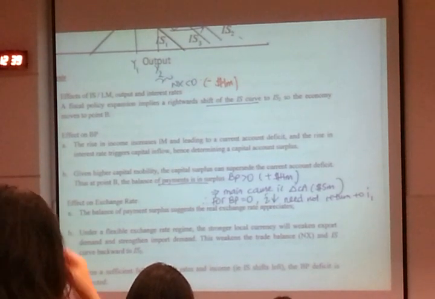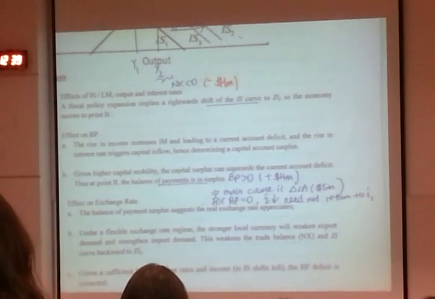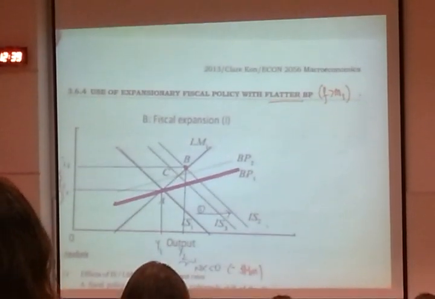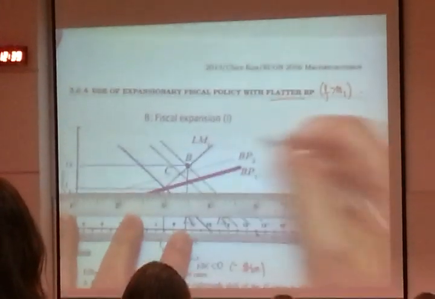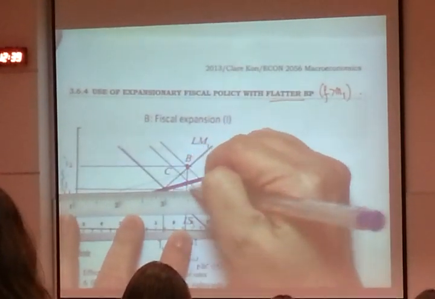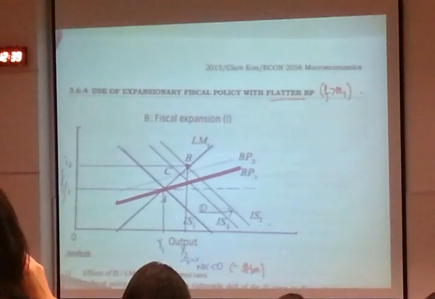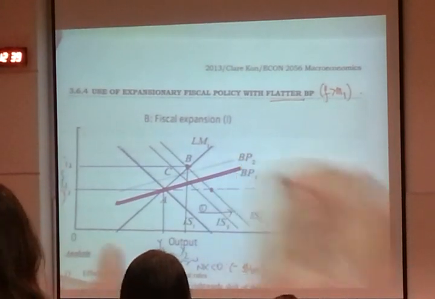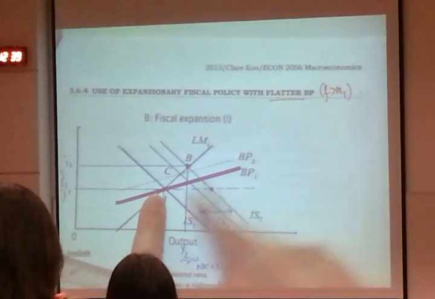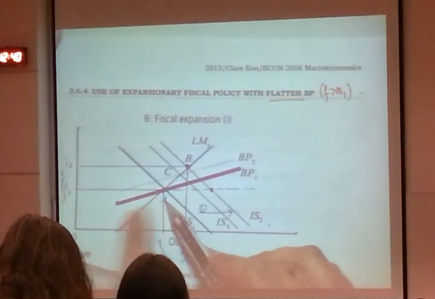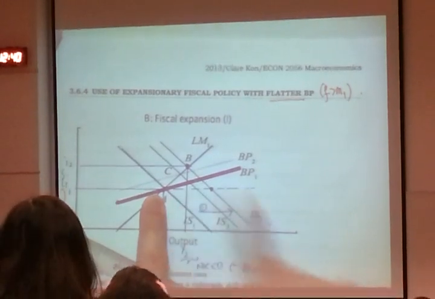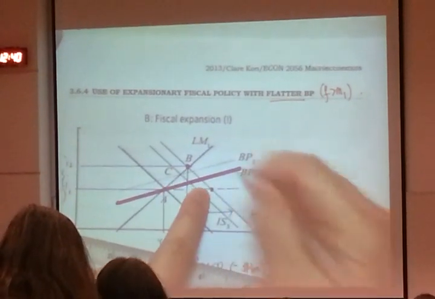I look at my diagram, okay, I'm at point B, and I look at my original interest rate I1, so I put a line across. It means I will not see myself going to point A, because if you go from B to A, you're back to I1. I will not also see myself going to point X.